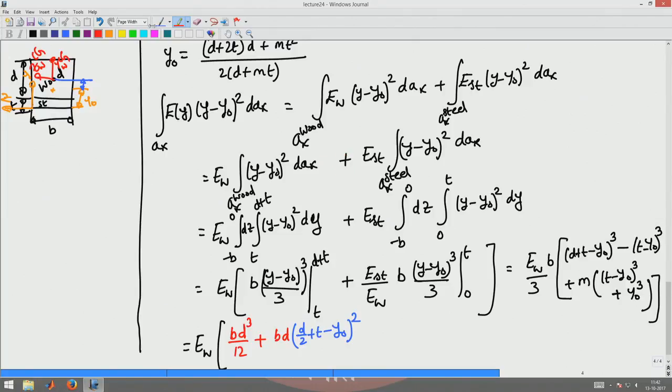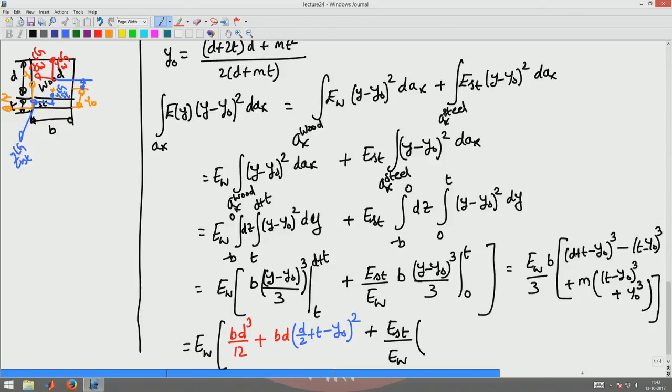Now, doing it for the steel, I will have plus E_ST by E_W, since I have pulled out the Young's modulus of wood outside. For the steel, again I will have the CG of the steel to be here, this is y steel CG, and this is z steel CG.